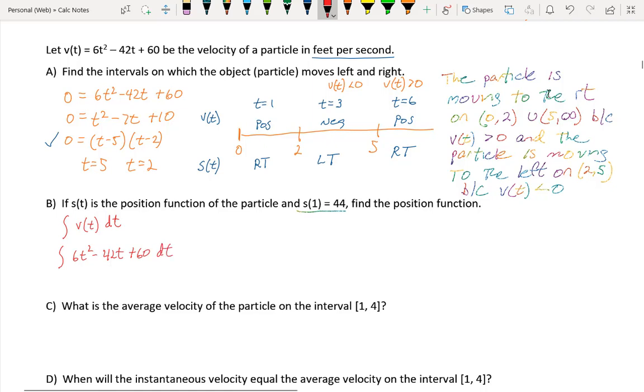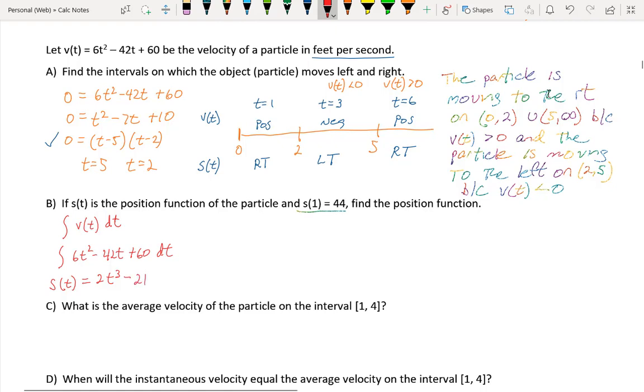So the antiderivative of that, which is going to be the position function s of t: the antiderivative of 6t squared, you could do 6t cubed over 3, but that's going to turn out to be 2t cubed. The antiderivative of 42t is going to be 21, oops, sorry, I meant minus.